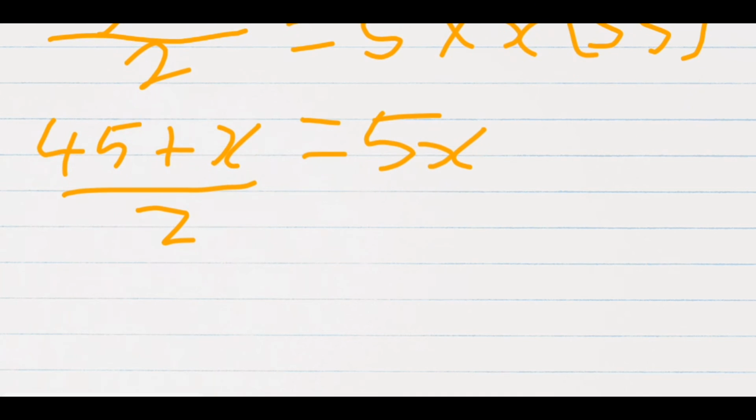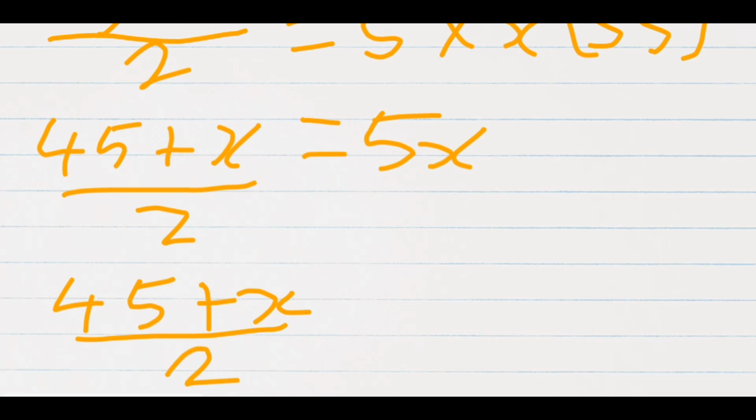Now we're going to multiply through by 2 to get rid of this denominator. So 45 plus x all over 2 times 2 is equal to 5x times 2.